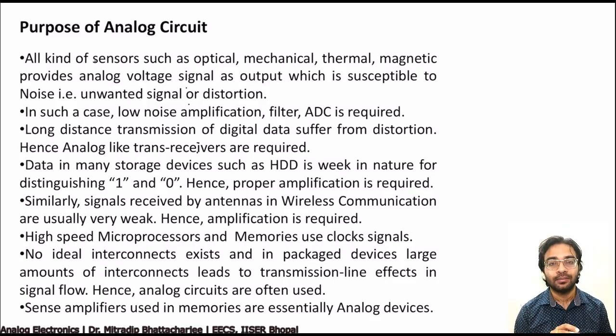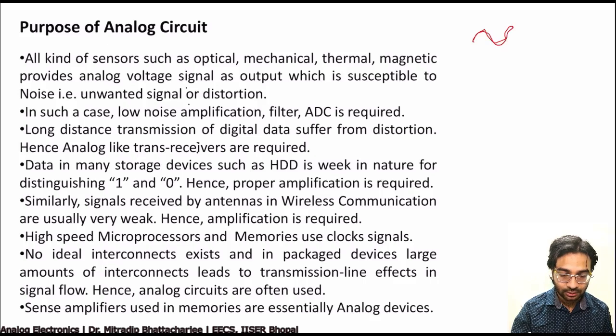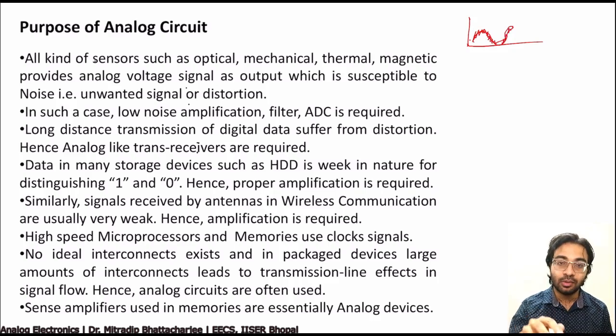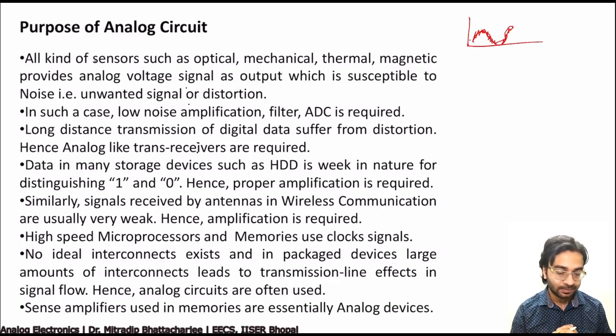Any analog signal is susceptible to noise, because say you have a sinusoidal signal, and if there is some variation in the input signal, and you are using an amplifier, the same variation can get amplified in your output, which is not desirable. For that purpose you need filters, you need low noise amplifiers. In such a case, low noise amplification, filters, ADCs are required, as I have said.